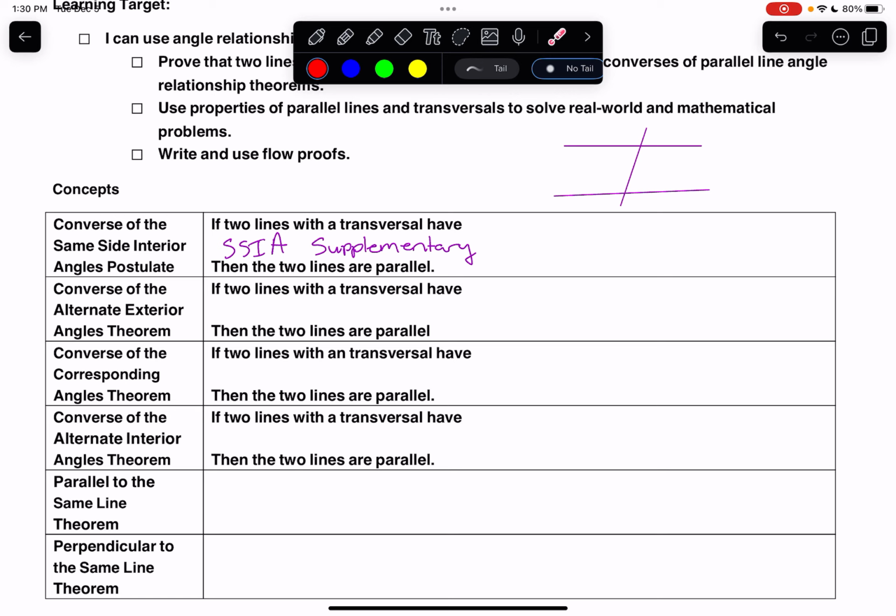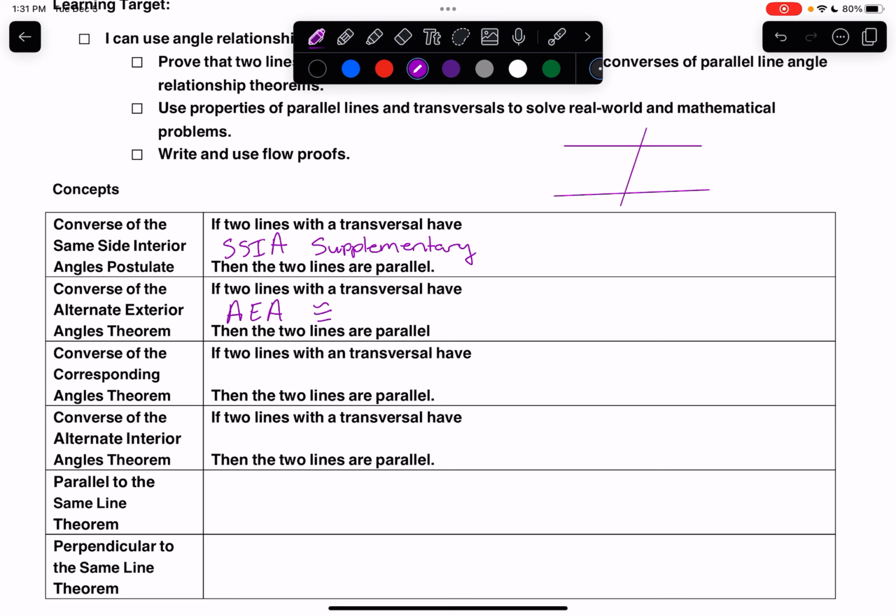So that's one way that I can prove that lines are parallel, by measuring their same side interior angles and finding that they're supplementary. The rest of these theorems work the same. The converse of the alternate exterior theorem says if two lines with a transversal have alternate exterior angles that are congruent, then the two lines are parallel.